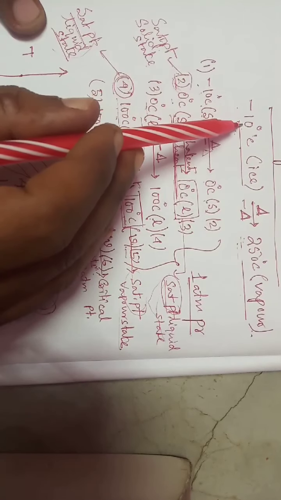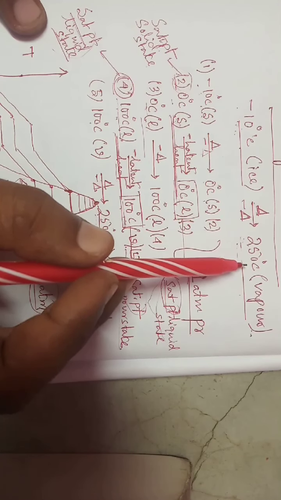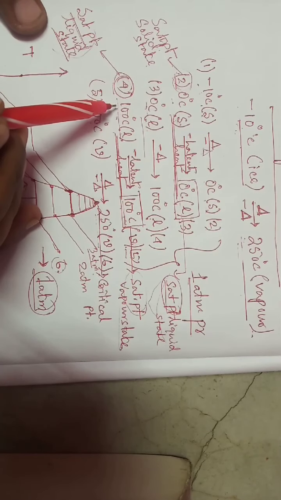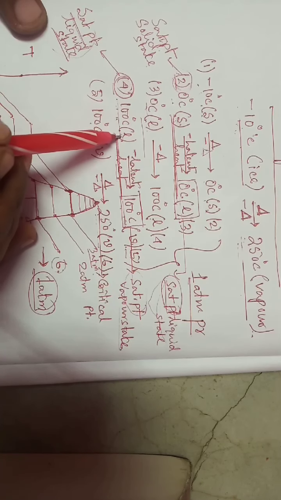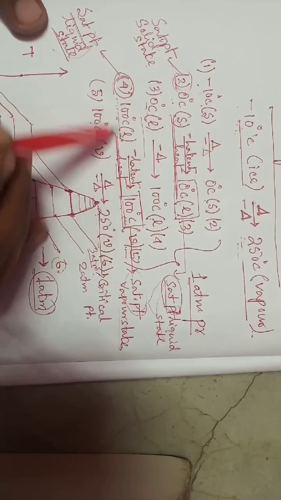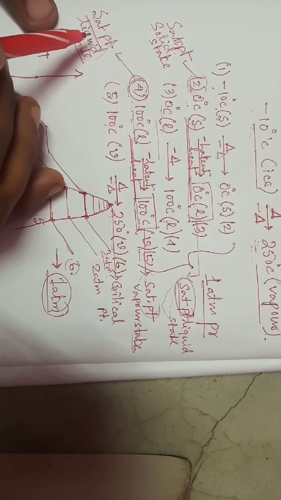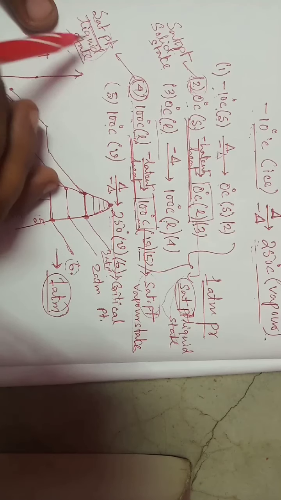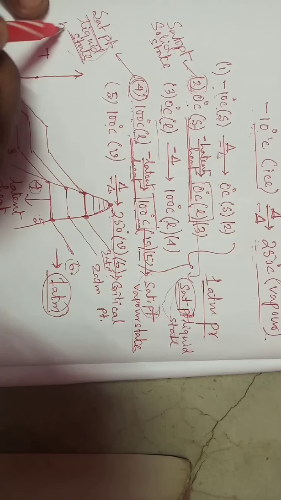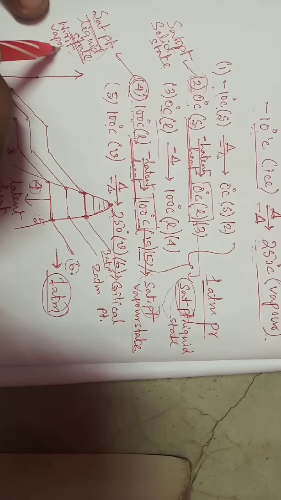Now to distinguish these 2 saturated liquid points, we consider the process of taking heat, when minus 10 degree centigrade of ice is converting into 250 degree centigrade of vapor. What was that point? 100 degree centigrade of liquid converting into 100 degree centigrade of vapor. So the process is vaporization. So we can say that this is the saturated liquid state with respect to vaporization.